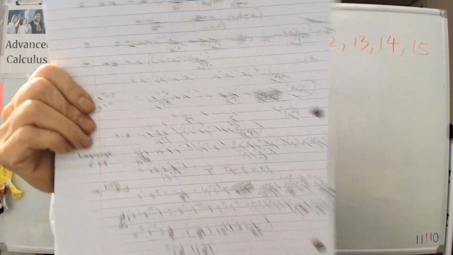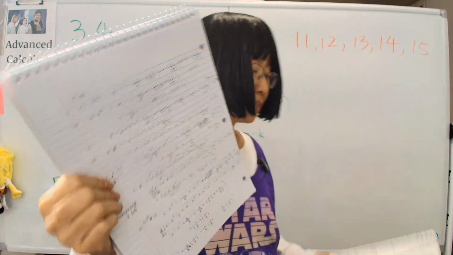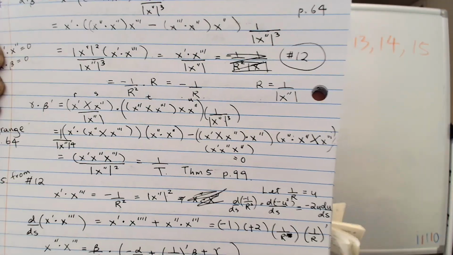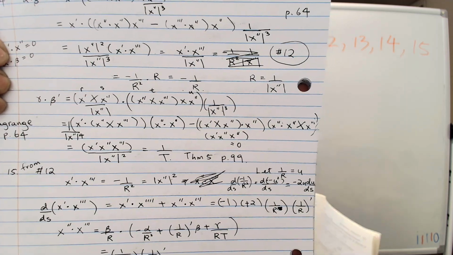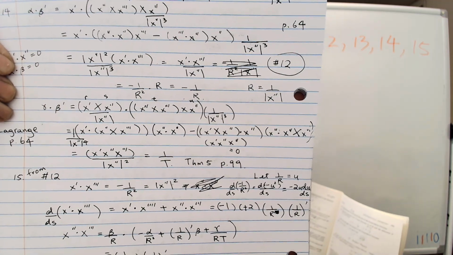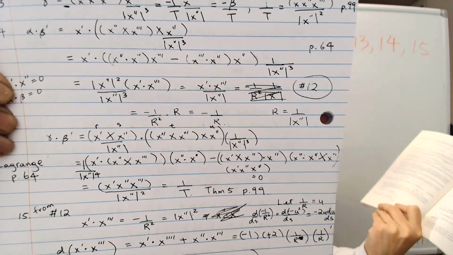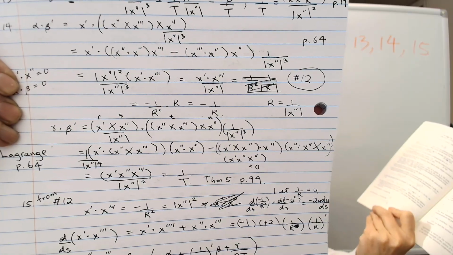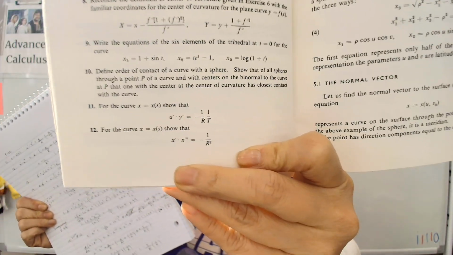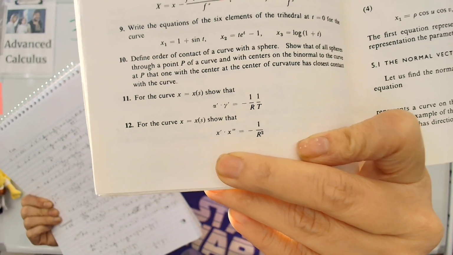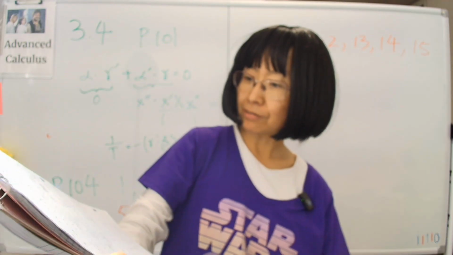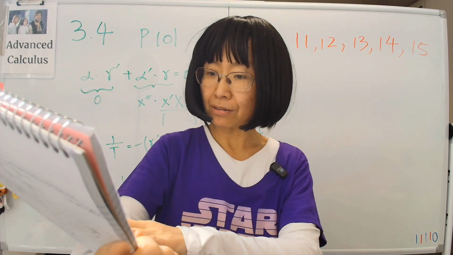By problem 12, we already calculated that x prime dot x triple prime divided by the magnitude equals 1 over r squared or something. Yep, right here. In problem 12, we showed that x prime dot x triple prime equals -1 over r squared. And therefore, I wrote down the -1 over r squared.